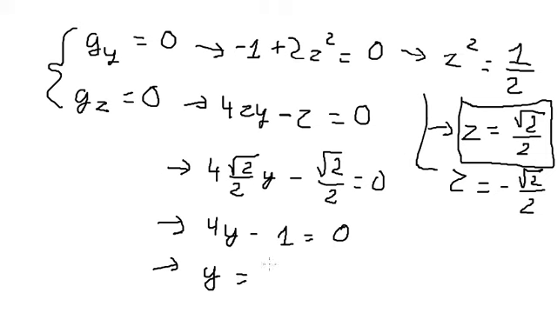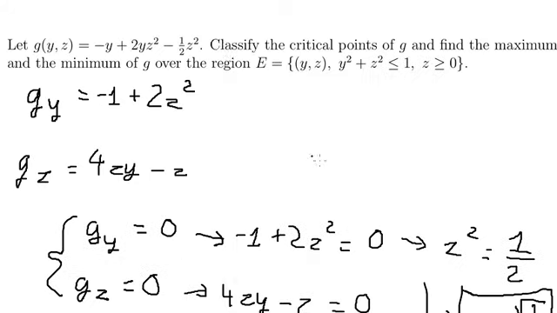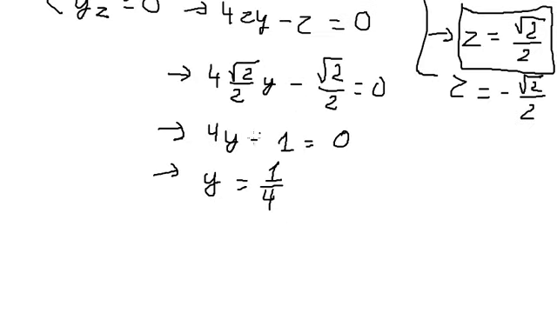So y equals 1 over 4. The next one we need to classify the critical points. So we just have only y, z in here.